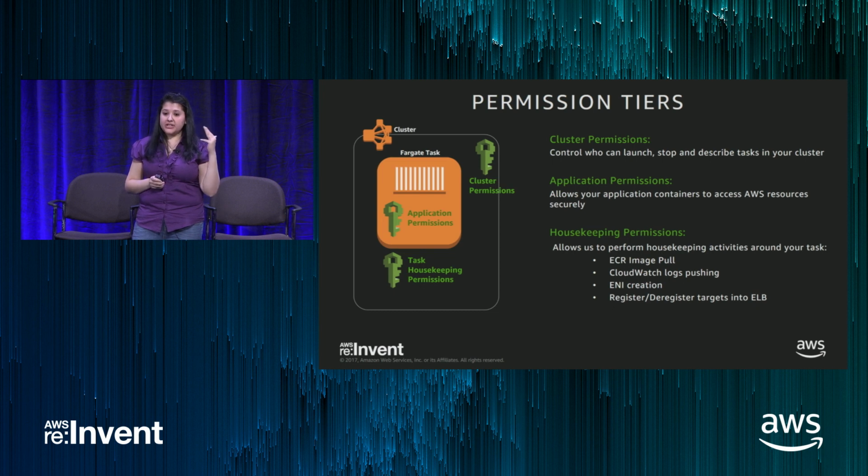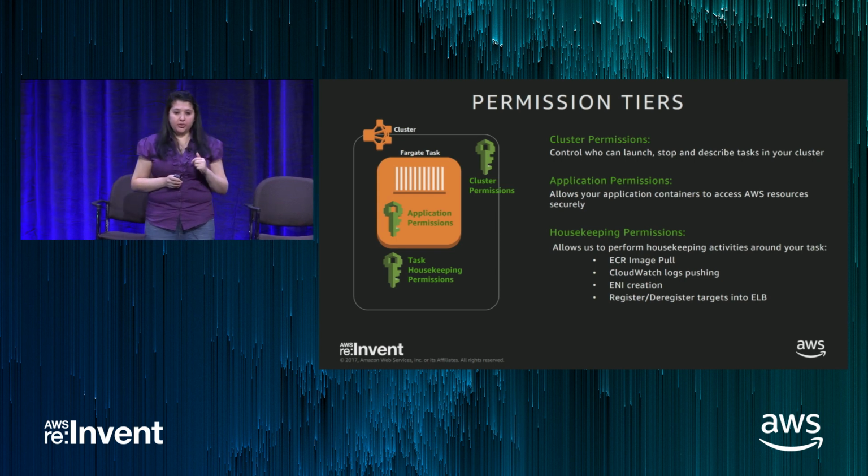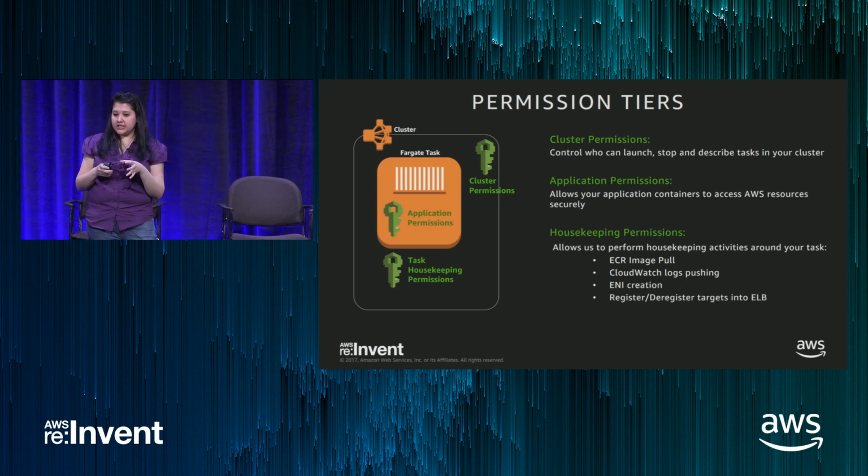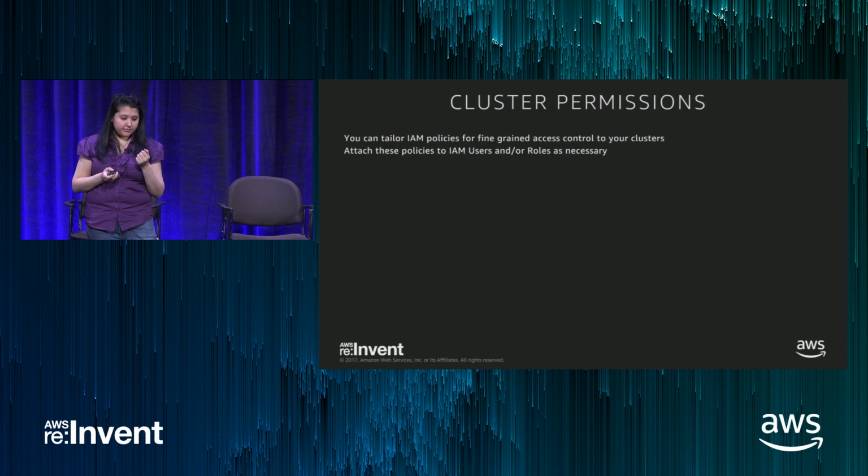These are all activities that we do on your behalf, and we require permissions from you in order to perform these activities. And that's also done via IAM, as we're going to see in the next few slides. So now I'm just going to step through each of these in a little more detail so you get a more concrete idea of how this works.